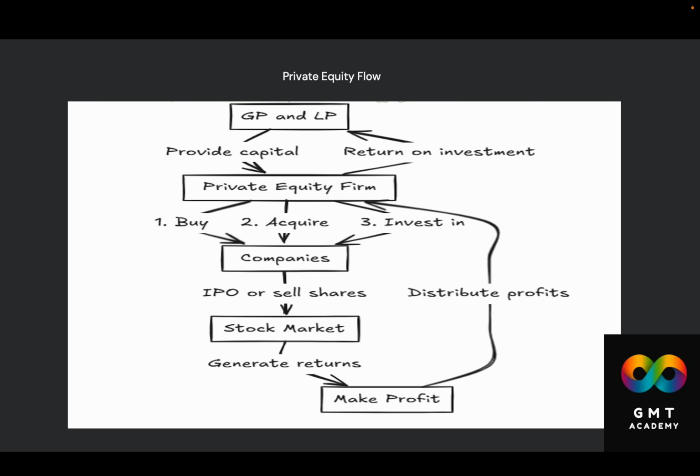So GP and LP provide capital to the private equity firm. On the other side, they will charge a return on investment on this fund. So return on investment is usually earned on the basis of some terms.